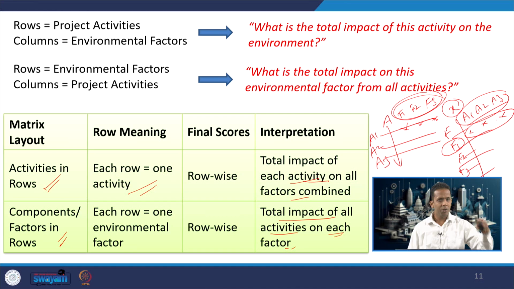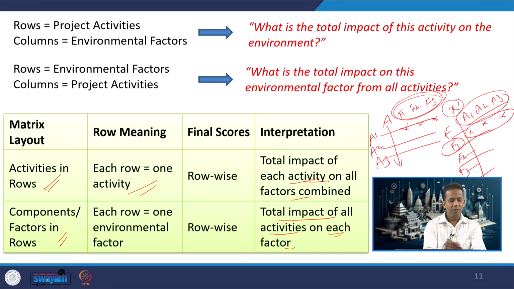You may have project activities in the rows, or you may have environmental components in the rows. The interpretation of the final values, which are always calculated row wise in a Leopold matrix, would be different.